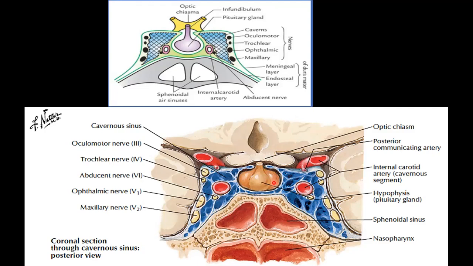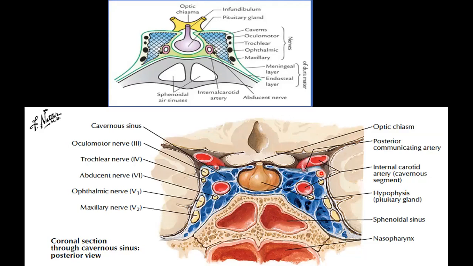Then you can see the medial relations. We have the pituitary gland within the hypophyseal fossa. Okay, then you have the sphenoid and the sphenoid air sinuses here. Then laterally here you have the uncus of the temporal lobe, and also you have the trigeminal ganglion lying within the cavum trigeminale.